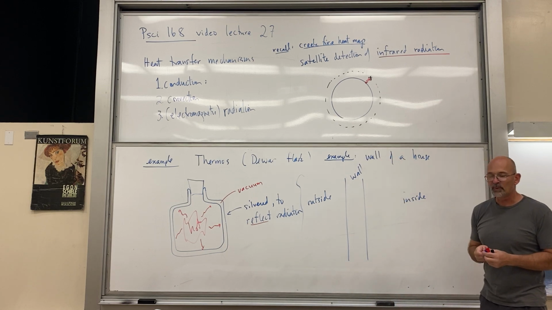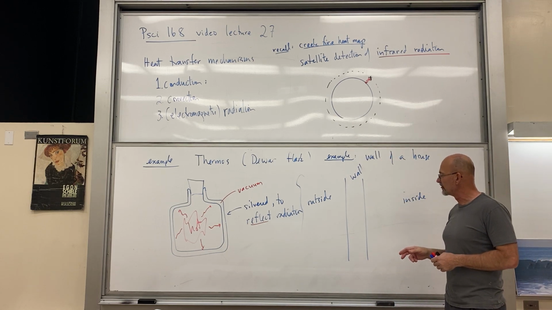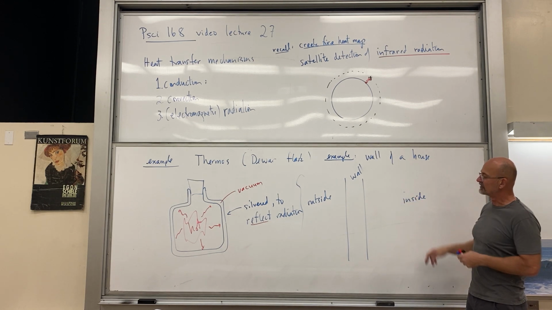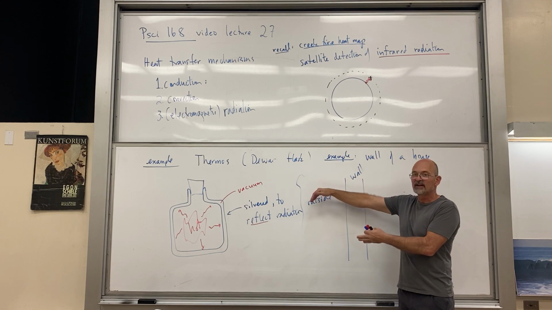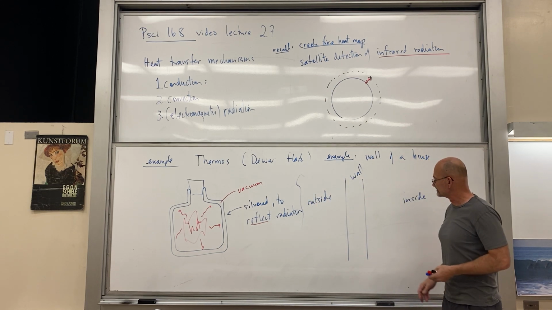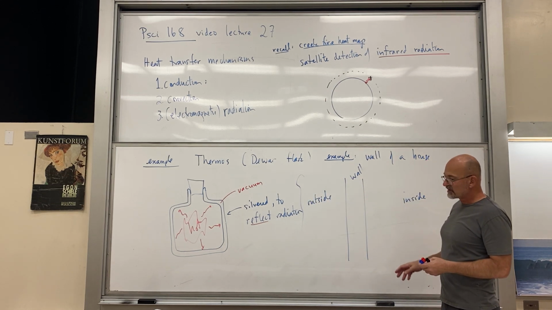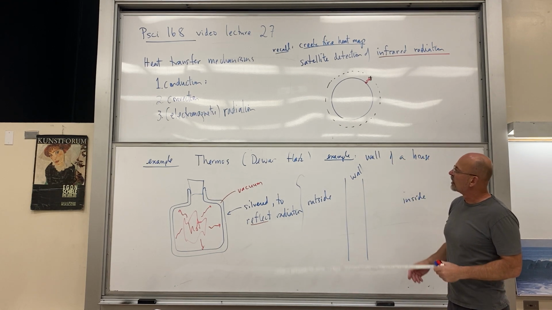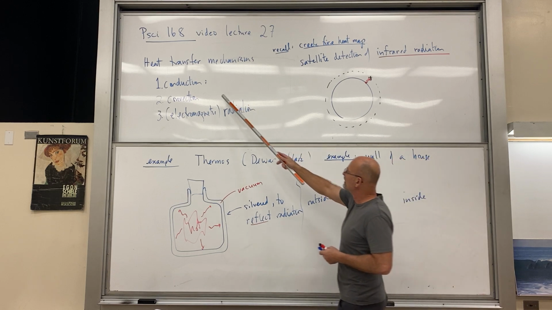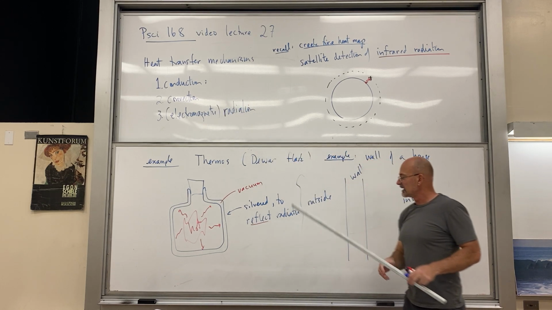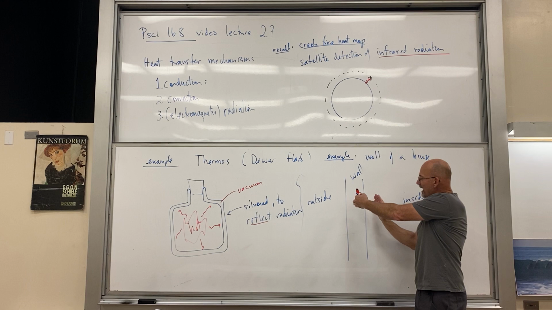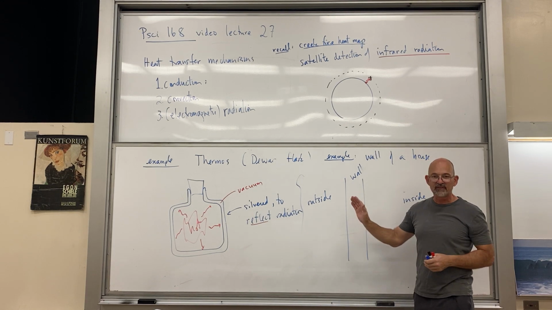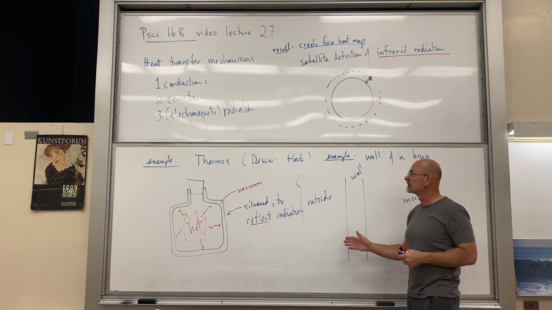So you want to suppress heat transfer through the wall because maybe it's cold outside, you want to keep the heat inside. Or it's hot outside, you want to keep the heat outside. But in either case, you want to suppress the transfer of heat across the wall. So how do you suppress conduction? Okay. If you just had an empty airspace, that would suppress conduction because air conducts much less than any solid, okay?